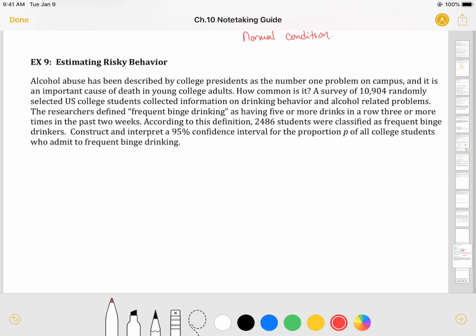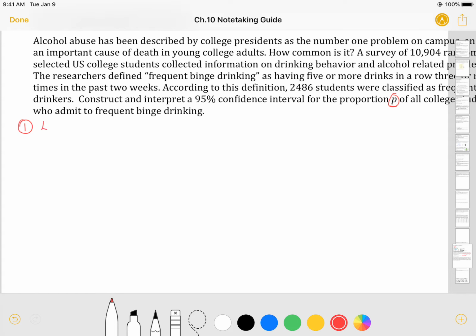So our first step, number 1, is to define our parameter, okay? So what does p here represent? So we're going to say let p equal the true proportion of college students who are classified as frequent binge drinkers.